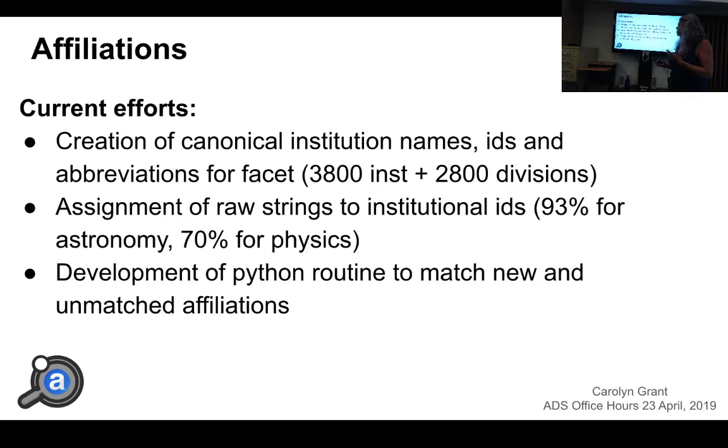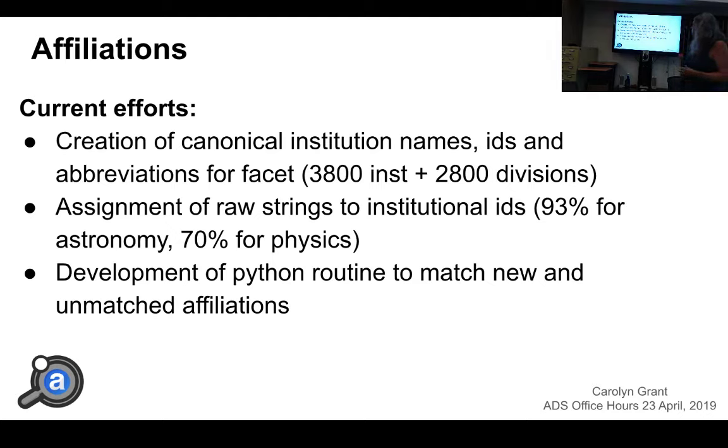So there's a parent-child concept, which again adds to the complexity because you may or may not have that information and you don't want to exclude things.